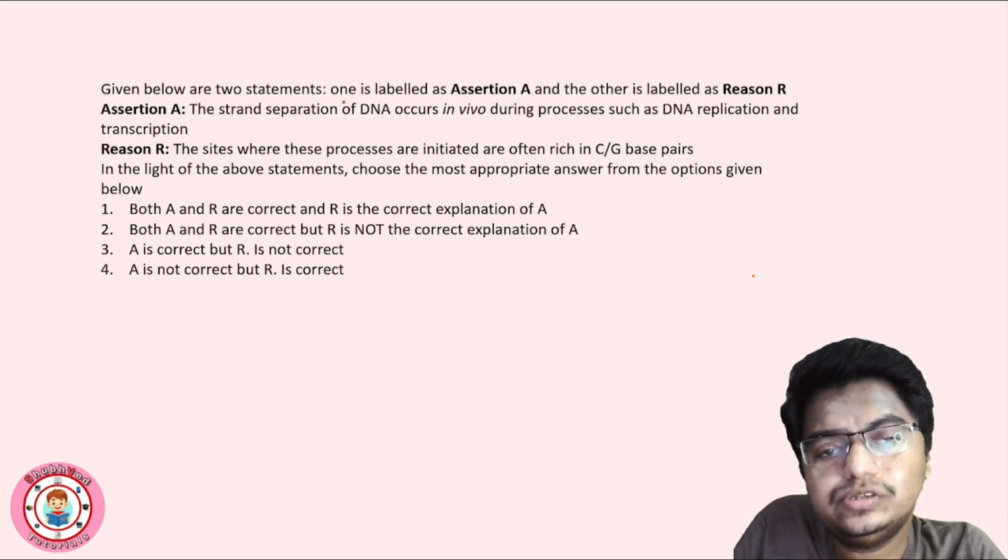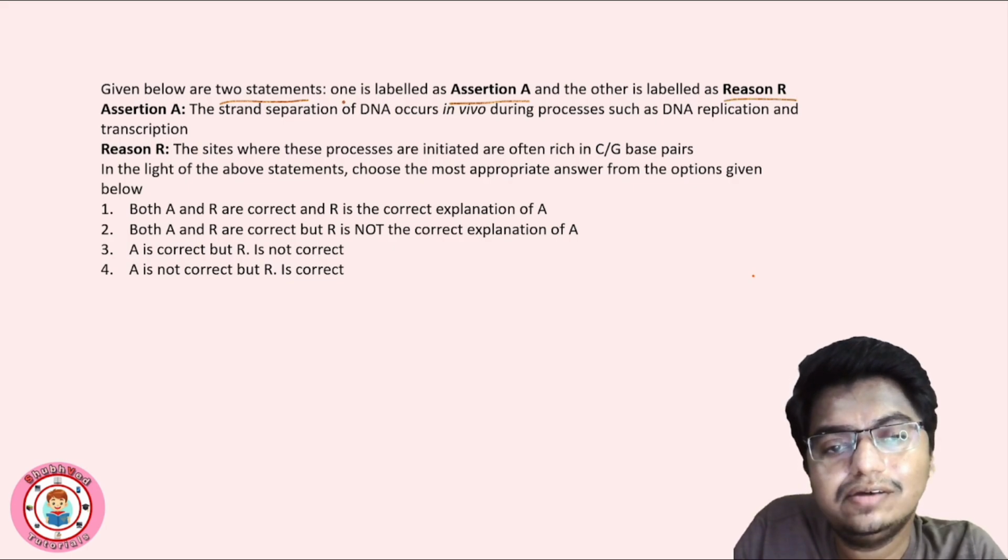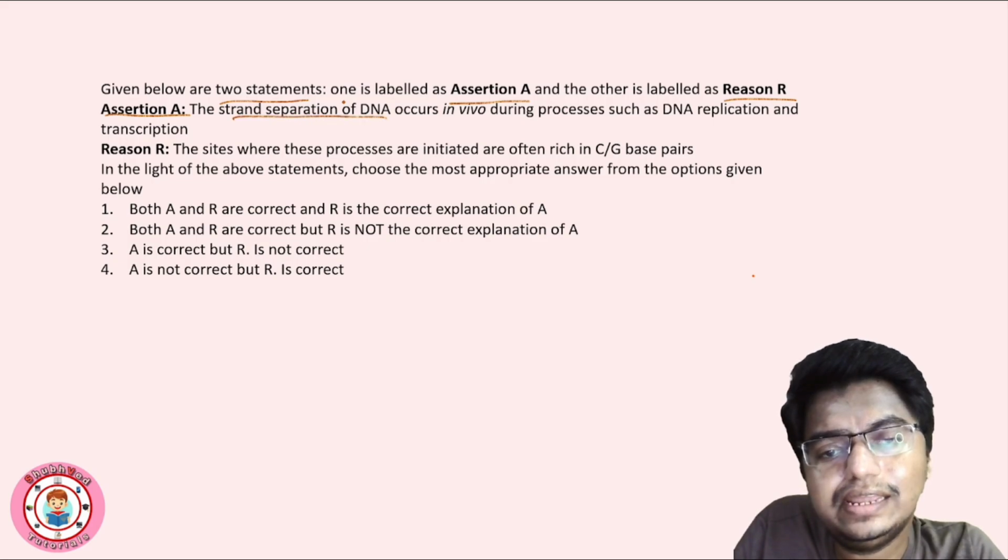Given below are two statements. One is labeled as assertion A, the other is labeled as reason R. First, the assertion. The strand separation of DNA occurs in vivo during processes such as DNA replication and transcription. Yes, this is correct. Okay. Reason.